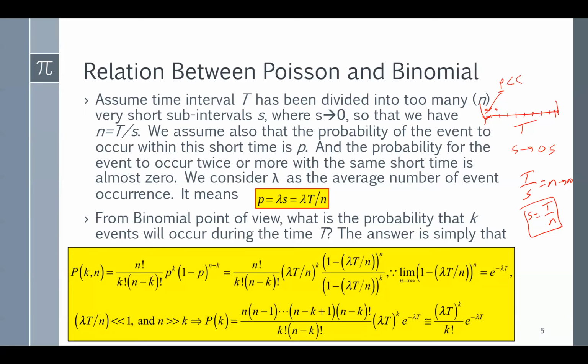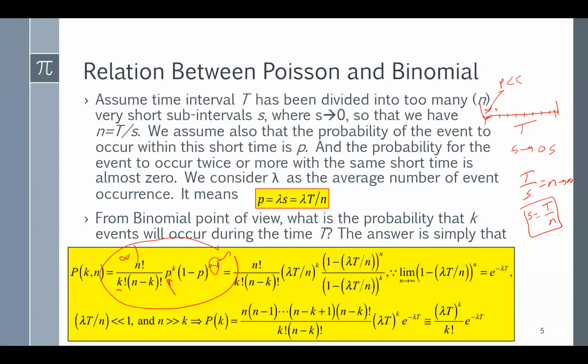Now I apply directly this binomial distribution. As you can see, we have N here going to infinity. I am looking for the probability that we have K failures, for example. And this P also goes to 0, it is very small. And then N minus K goes also to infinity, because N is very large. Then I start to compute this.